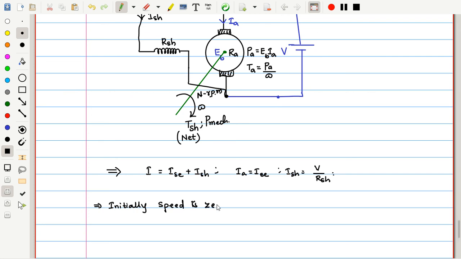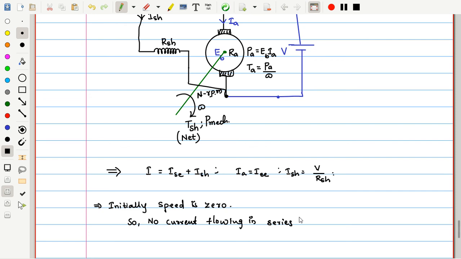Before starting the machine, the machine is at rest. If speed is 0, no current is flowing in the series winding. Why? Because the machine is not rotating.